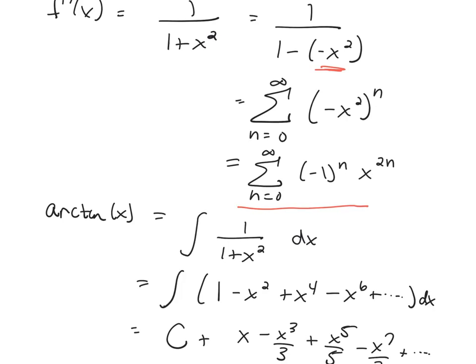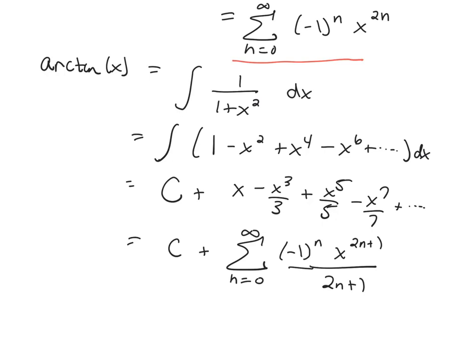It might be confusing if you just plug in this thing with the integral and the sum, so for some people it helps to write out the terms. I plugged in n equals 0, and you get 1. N equals 1, you get negative x squared. N equals 2, positive x to the 4th.